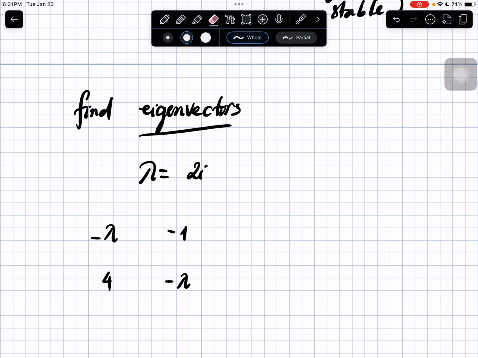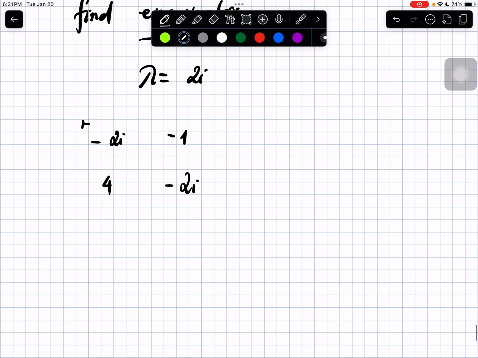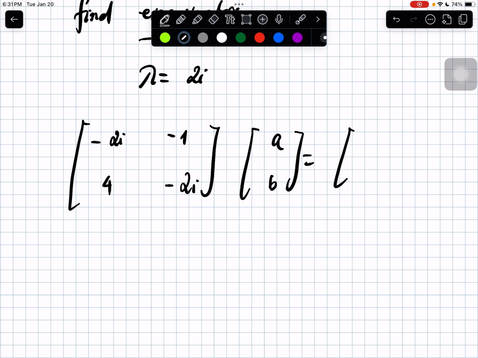We need to find a, b so that this is (0, 0).